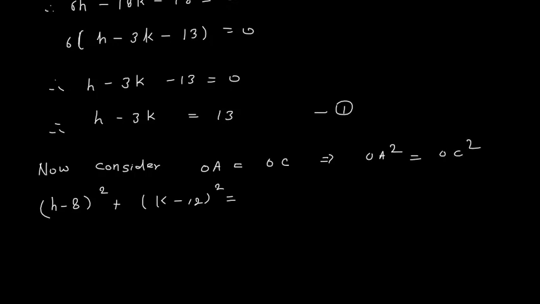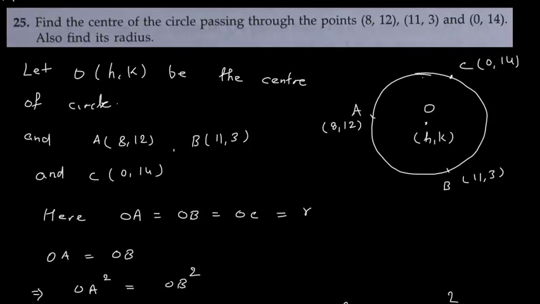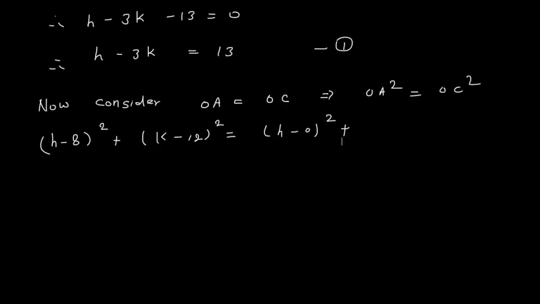So OC square is what? OC square is (h minus 0) the whole square. Now why am I taking 0? Because the coordinate of C is (0, 14), plus (k minus 14) the whole square.